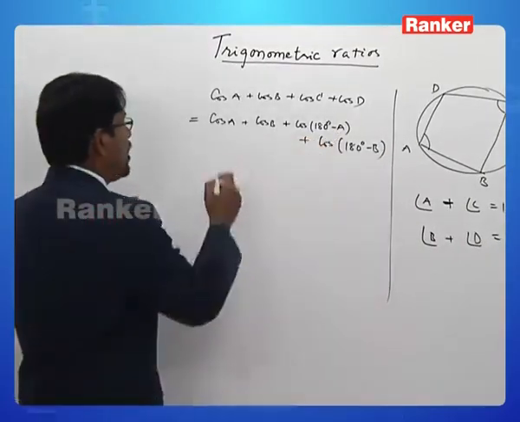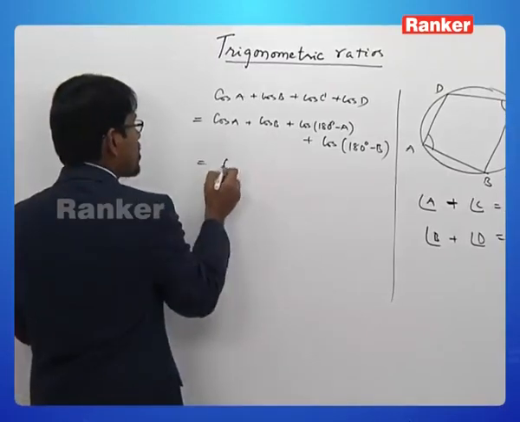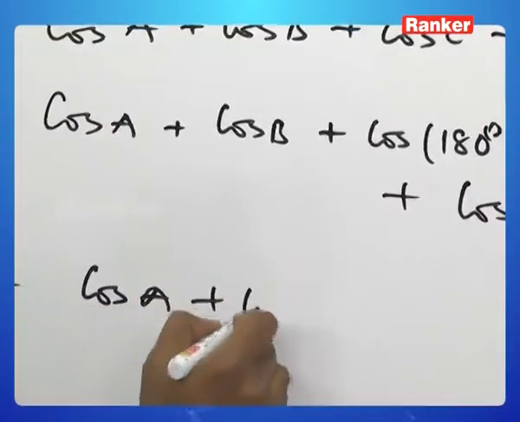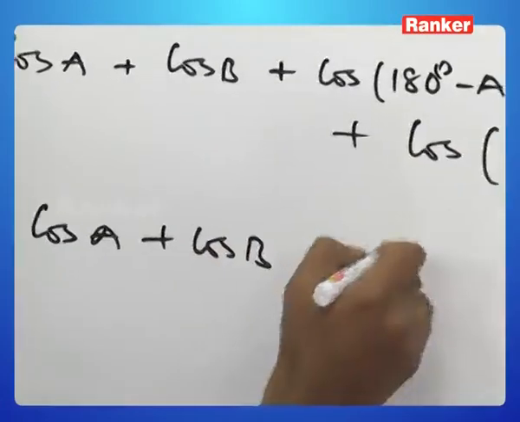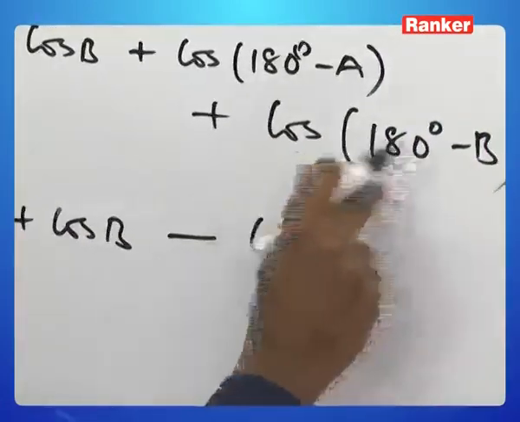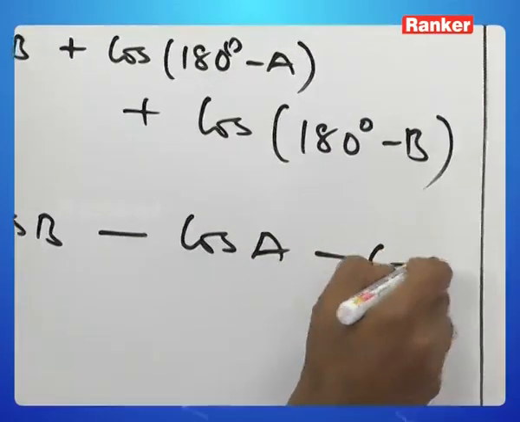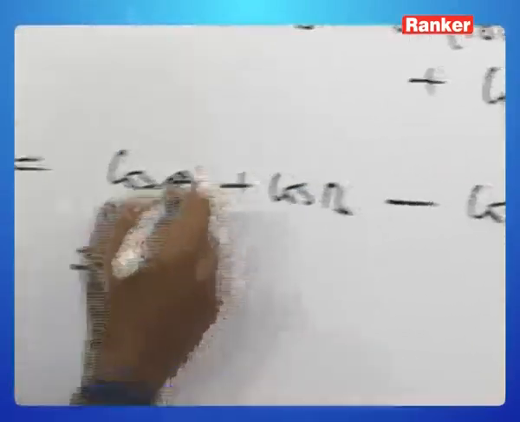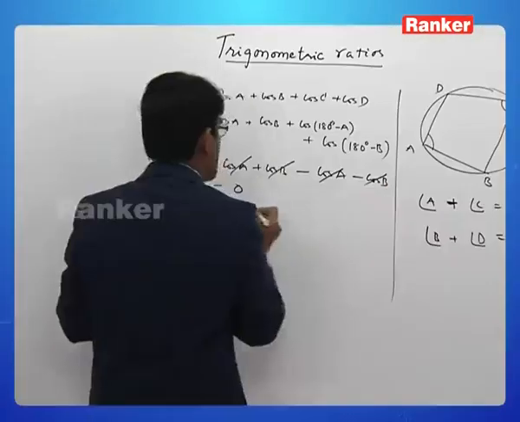It is minus cos A. So this becomes cos A plus cos B, minus cos A, and cos of 180 minus B is minus cos B, so that makes it 0. Cancel and we have 0.